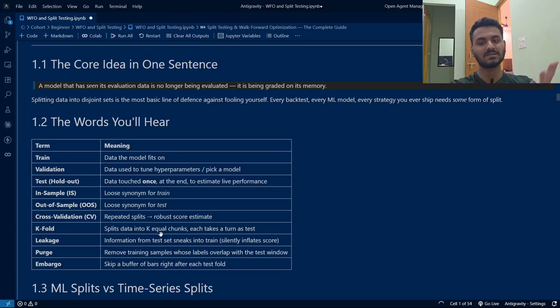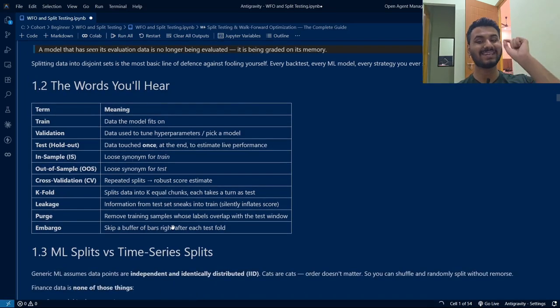Out-of-sample is a synonym for test. Cross-validation is where we split the data repeatedly to calculate a robust score estimate. K-fold splits data into k equal chunks, each taking a turn as test, and the rest train. Leakage is when data from your test series, which should not have been seen by your model, leaks into your training.